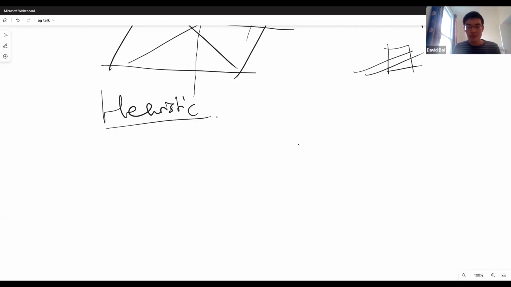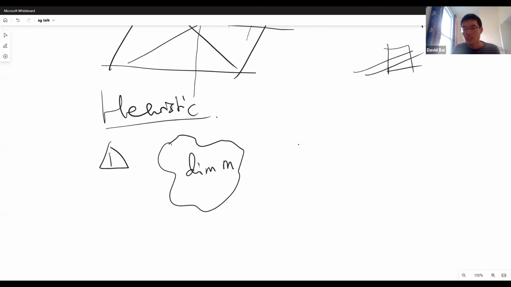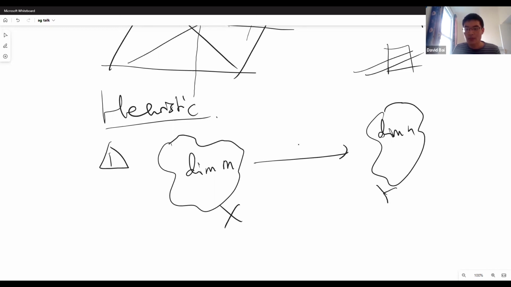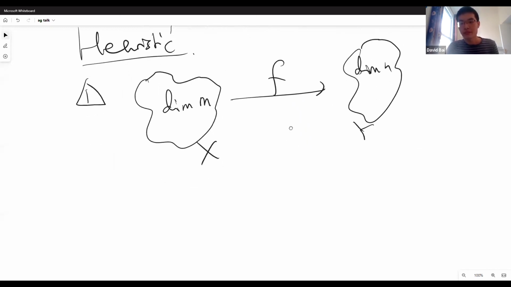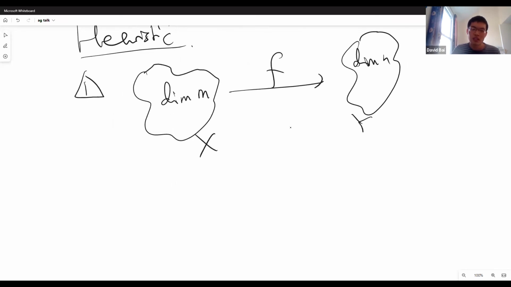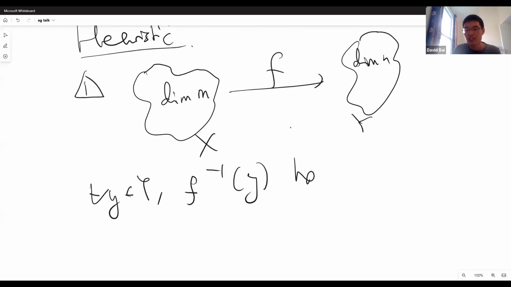The heuristic is, there are 2 heuristics I'm going to use. The first one is the following. If I have a blob whose dimension is m, and another blob whose dimension is n, and a map, let's call it f, between them, X to Y, and I also assume that for any y in Y, the preimage of y has constant dimension r.